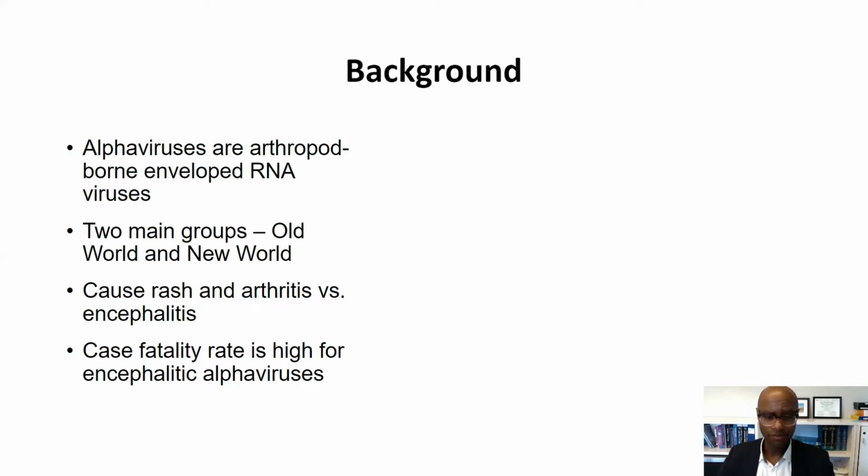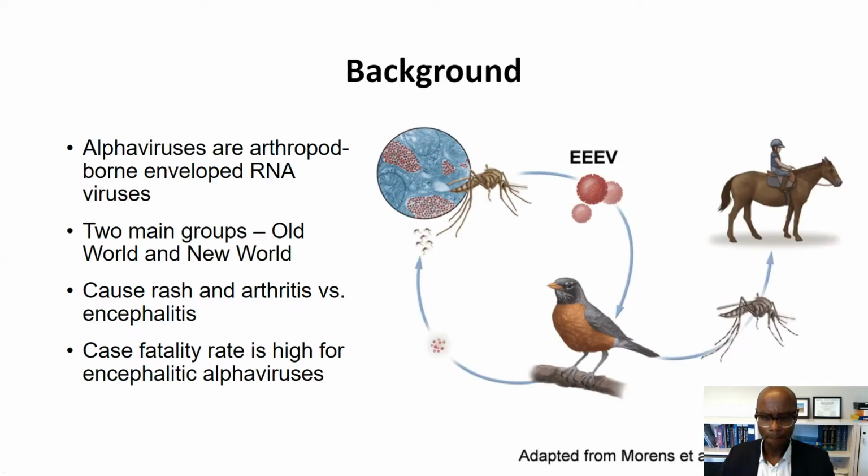The case fatality rate for this infection is quite high. About 50% of the people who get infected can die from infection. And those that survive, unfortunately, end up, in many cases, with permanent neurological sequelae, which means that they require institutionalized care thereafter. So the burden of this illness on healthcare can be quite high, particularly should this virus cause a pandemic.